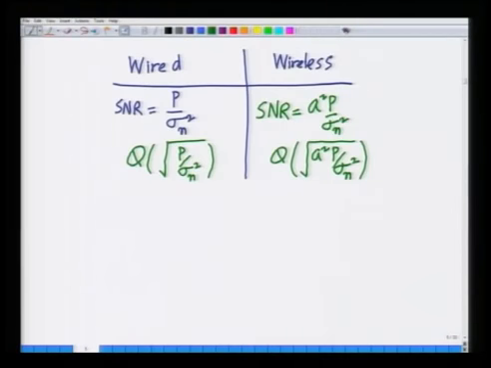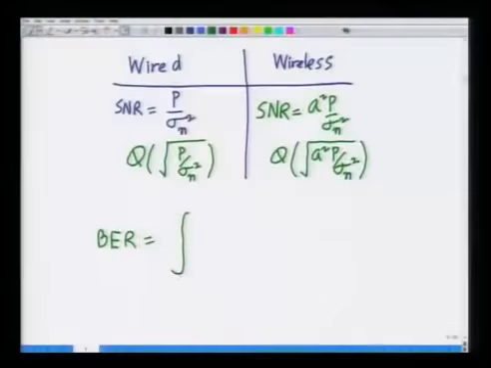Hence, if this bit error rate is Q of square root of P over sigma n squared, this bit error rate is Q of square root of a squared P over sigma n squared. Remember, we defined the Q function as the cumulative distribution function of the standard Gaussian random variable.